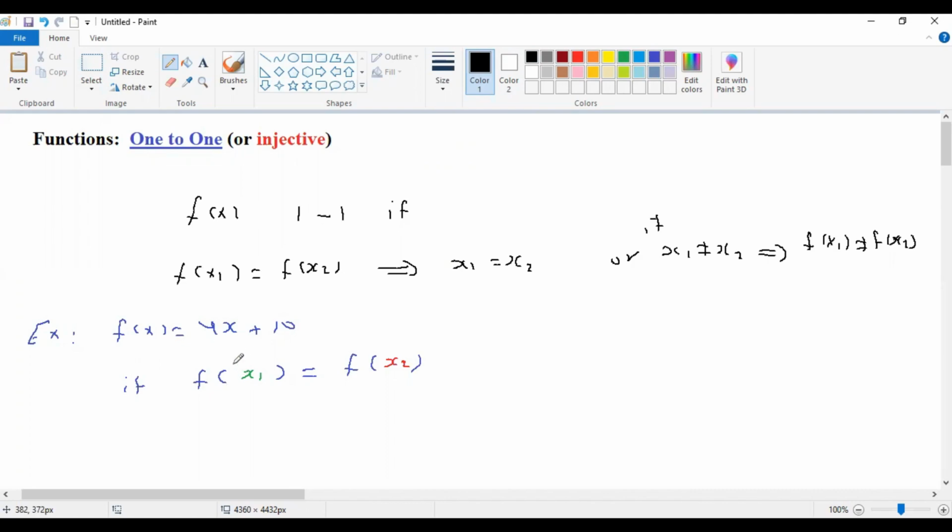Replace x by x1. So f of x is 4x plus 10, so we have here 4x1 plus 10 equal to f of x2, replace x by x2, which will be 4x2 plus 10.